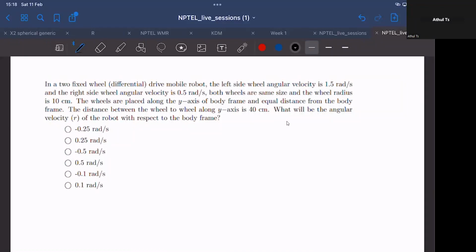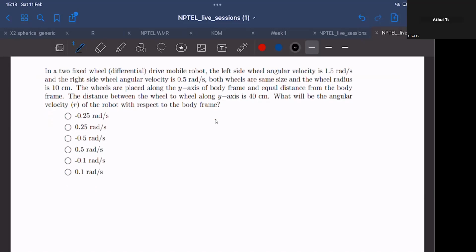Both of these wheels are the same size, and the wheel radius is 10 centimeters. The wheels are placed along the y-axis of the body and at equal distance from the body frame. The distance between the wheels along the y-axis is 40 centimeters. What will be the angular velocity R of the robot with respect to the body?